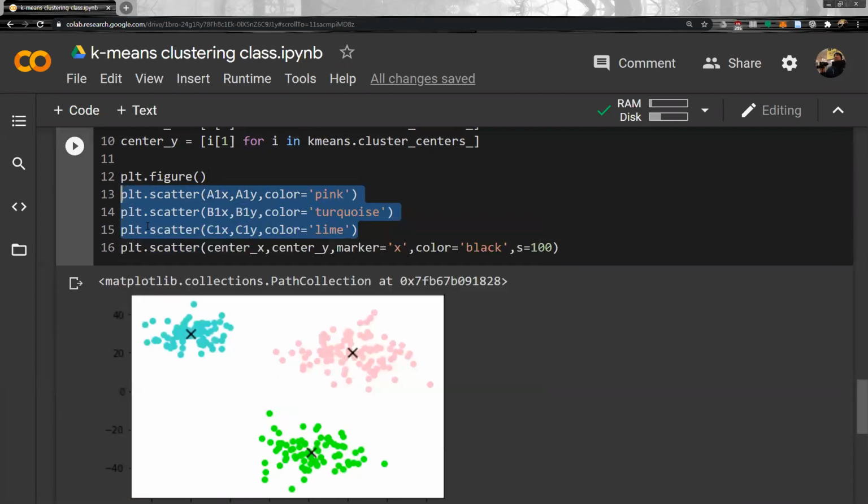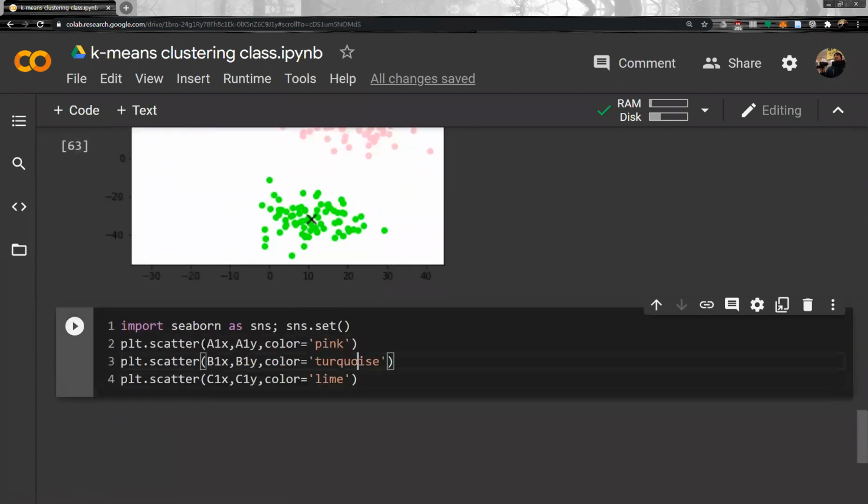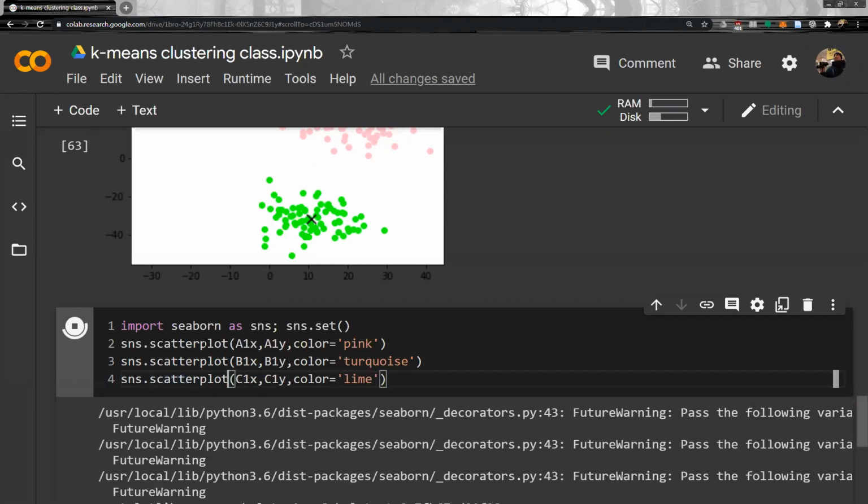Let's copy this one. We can make it slightly prettier. So SNS and then scatter plot. And we run it.